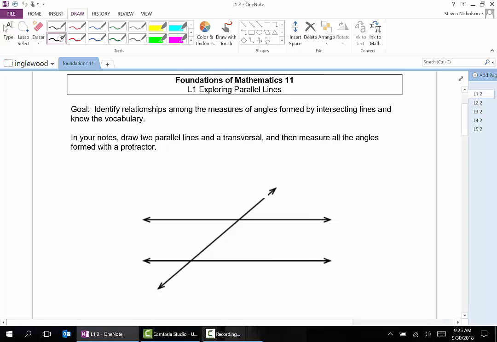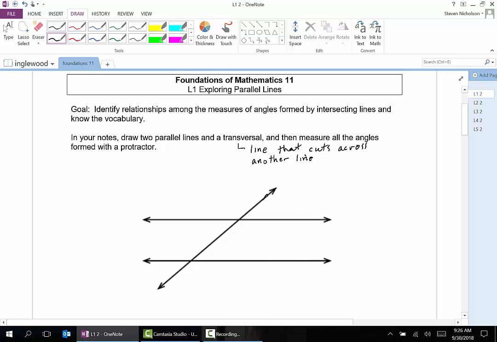So, a transversal is a line that cuts across another line. And in our picture right here, you'll see the transversal is the diagonal one.